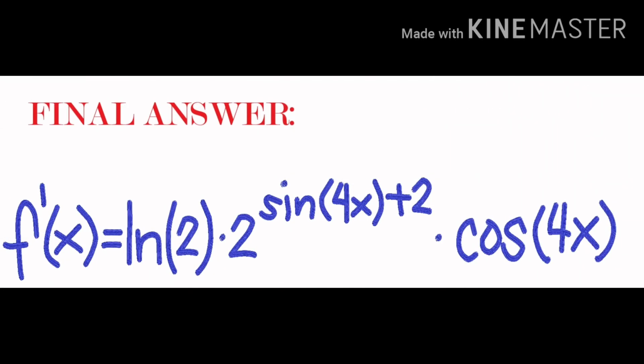The final step for this problem is simplifying the answer. Our final answer is the derivative of f of x equals ln 2 times 2 raised to sine 4x plus 2 multiplied by cos 4x.